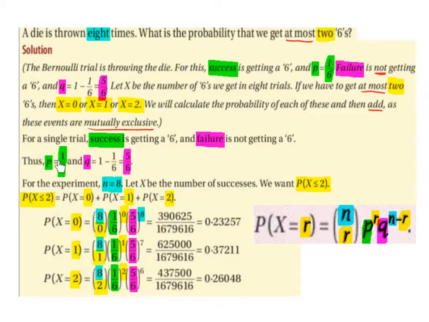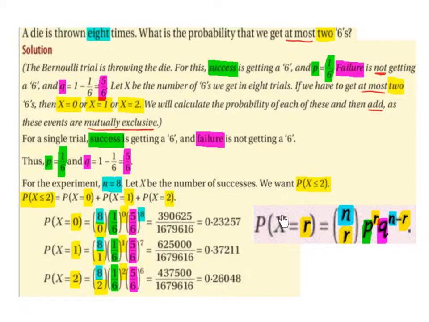Thus, P is equal to 1 over 6 and Q is equal to 1 minus a 6th, which is 5 over 6. For the experiment, n is equal to 8. The die was thrown 8 times. Let X be the number of successes. We want the probability that X is less than or equal to 2. So the probability that X is less than or equal to 2 is the probability that X is equal to 0, or the probability that X is equal to 1, or the probability that X is equal to 2. Remember, or means add.